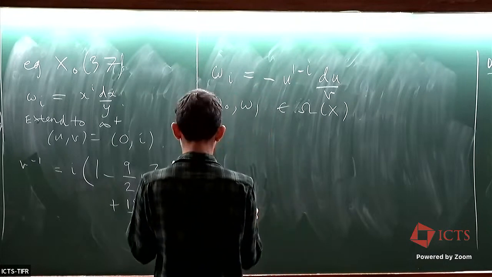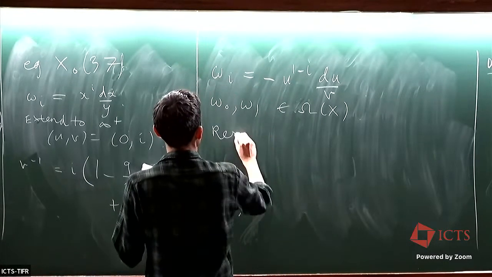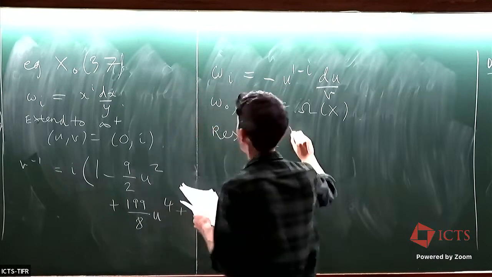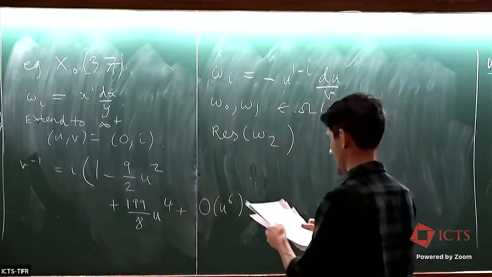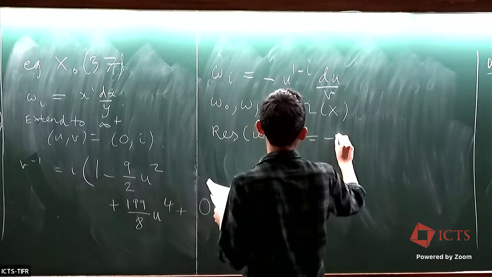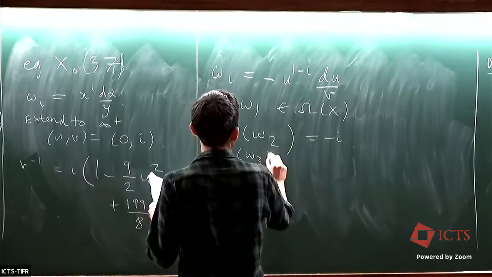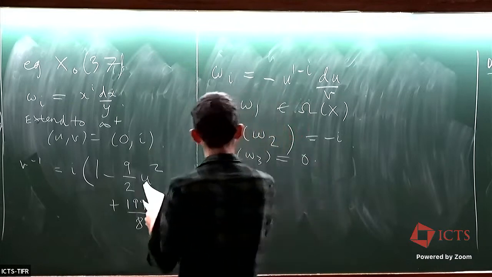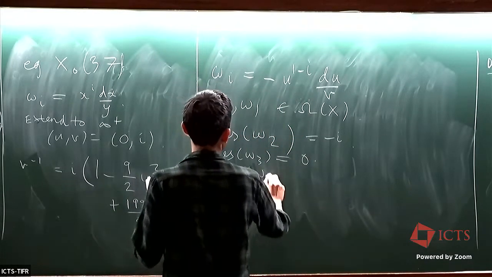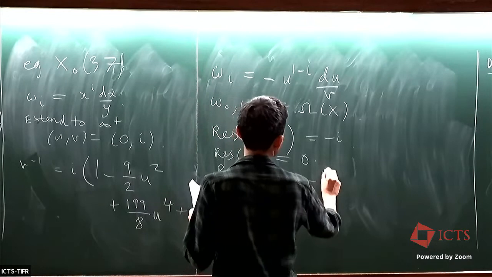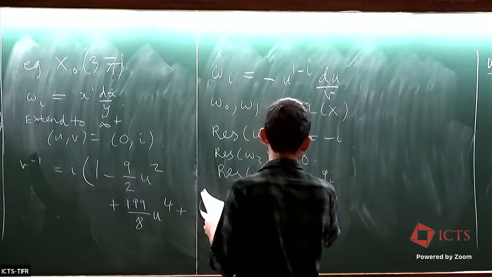The residue of omega 2 is going to be equal to minus I think, the residue of omega 3 is going to be equal to 0, and the residue of omega 4 is going to be equal to minus 9i over 2. Sorry, actually, no, plus 9i.